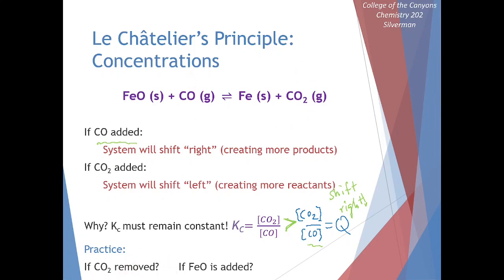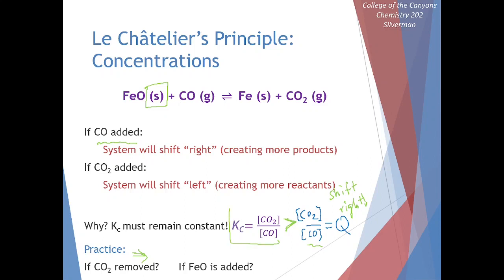We said we could also remove things. If we remove some CO2, getting rid of some products, our reaction will shift to remake it. If we're trying to remove some reactants, our reaction will have to shift forward in order to regain its equilibrium. Our last practice problem here: if we have iron(II) oxide added, notice this is a solid.